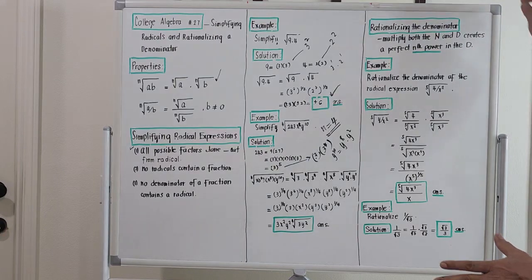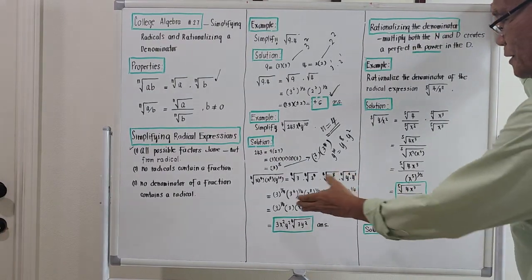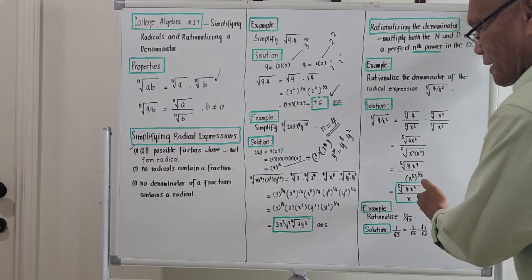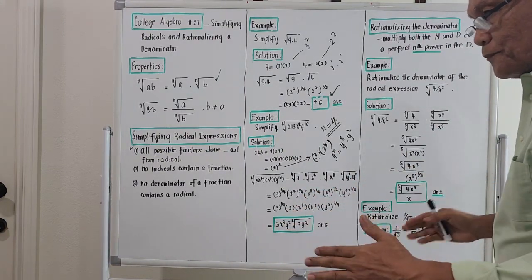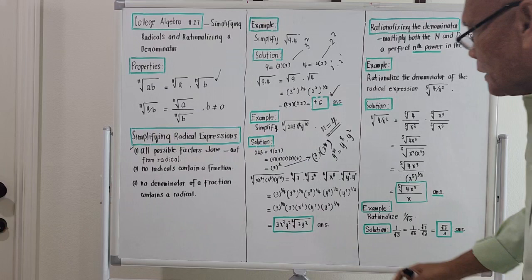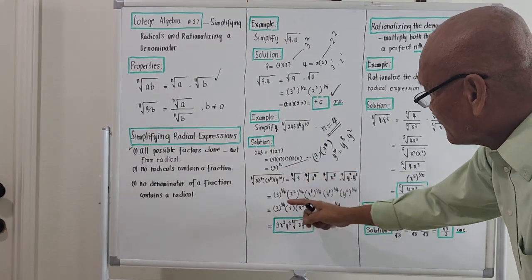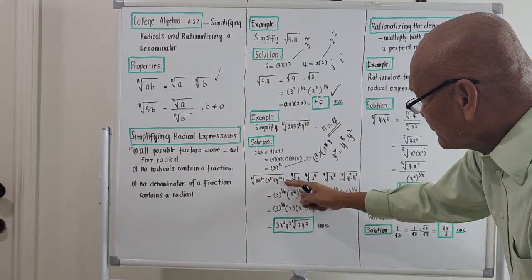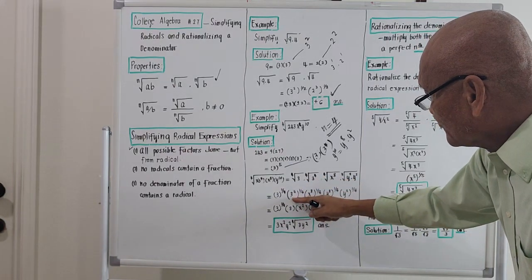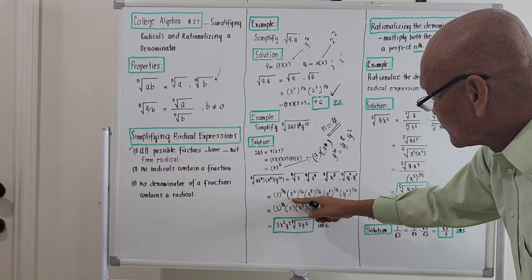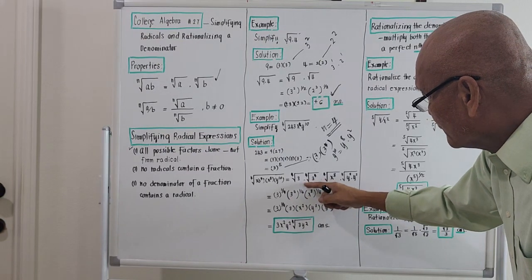Right? Let's try to express the simplification of the right hand side in terms of fractional exponents. The fourth root of 3 can be written as 3 raised to 1/4, multiplied by 3 to the 4th. We are taking the fourth root, so this is again raised to the 1/4.